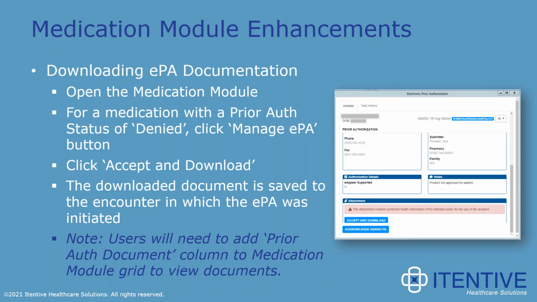Once we've downloaded that document, it is going to be saved to the encounter in the patient's chart in which that EPA was first initiated. Users can also view that document within the medication module itself. In order to do that, there is a new prior auth document column that would need to be added in the medication module grid.